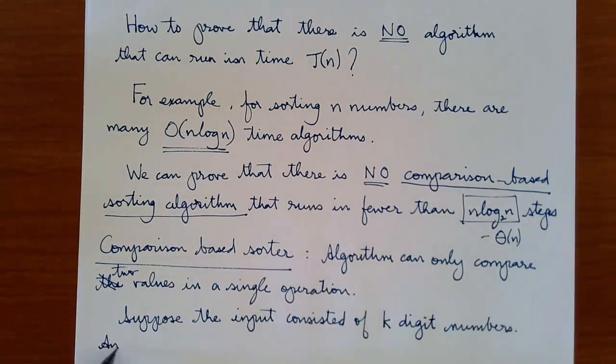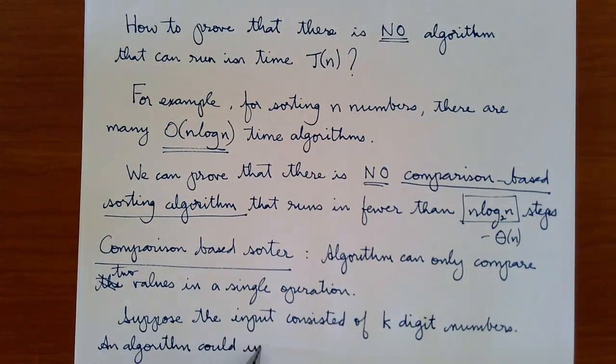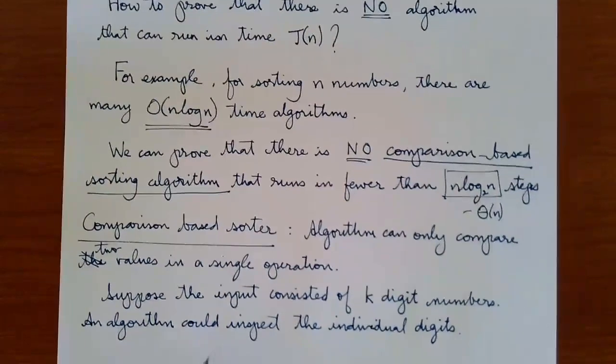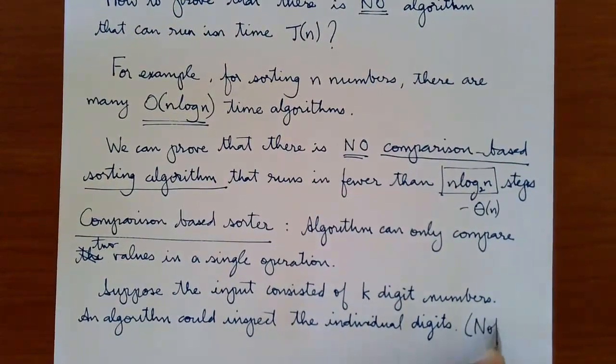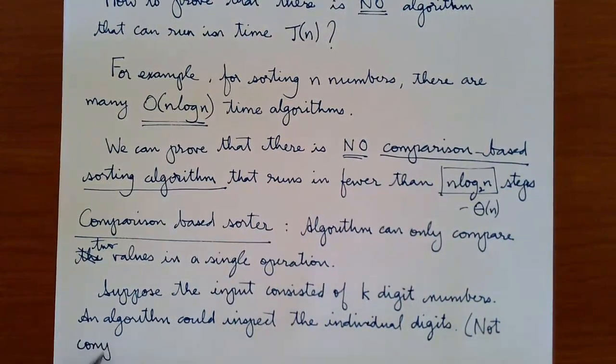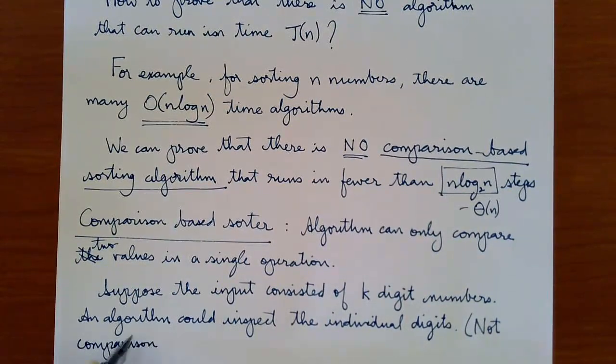An algorithm could inspect the individual digits. Right? And this would not be comparison based.